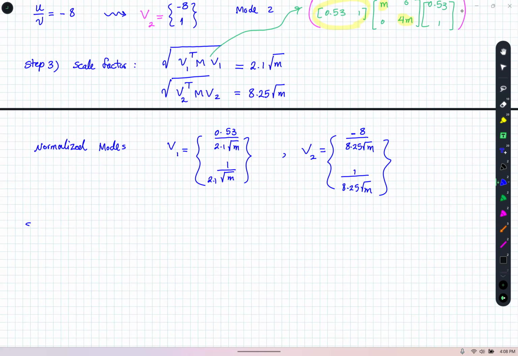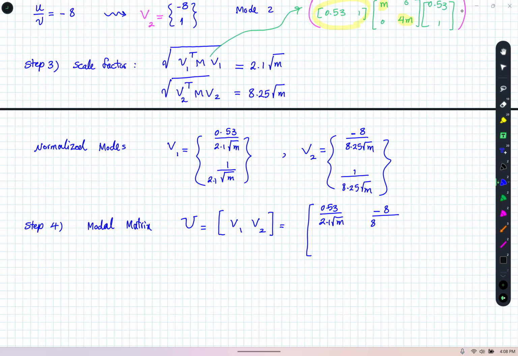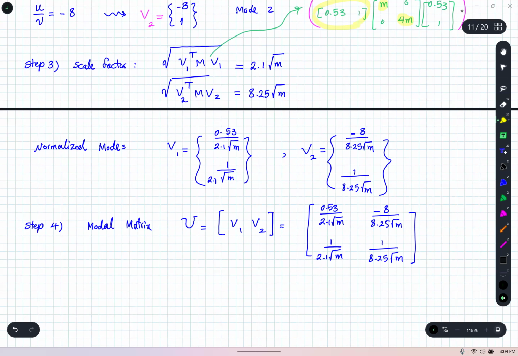Here in step number 4, we form our modal matrix U, which consists of these two vectors, V1 and V2. It means this matrix is 5, 3, 8, 2, 5, M. Right? I can factor that value.